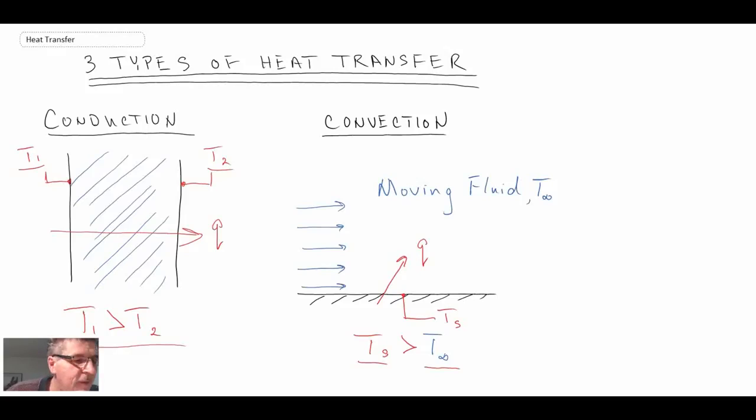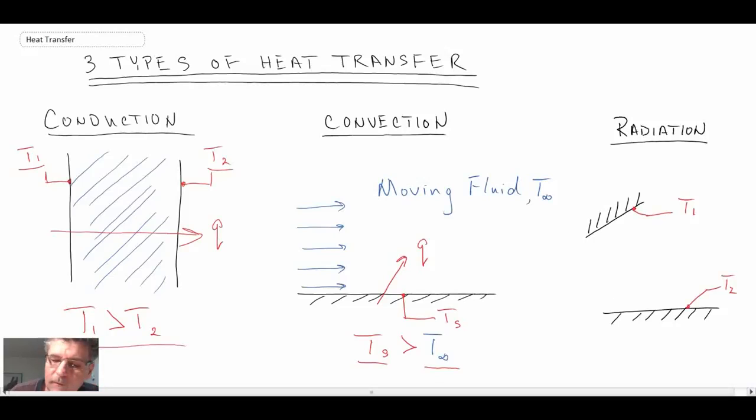The last form of heat transfer, and it's one that is very different from conduction or convection, is radiation. When we're dealing with radiation, objects radiate and they absorb energy, and typically in heat transfer we're looking at energy in the part of the spectrum referred to as the infrared.